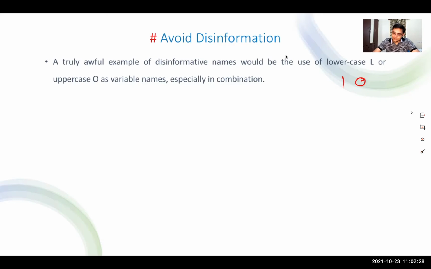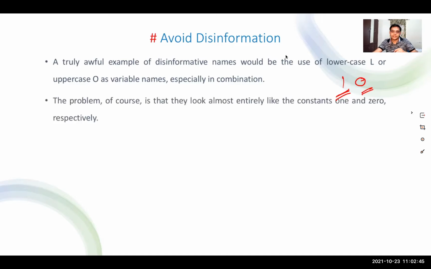I don't know whether this is an L or 1, or a 0 or O. So avoid these kind of disinformation. That's why we say don't use these. If I am assigning l equal to 1 and O equal to 0, it's very hard to understand. So avoid these kind of disinformation variable names.